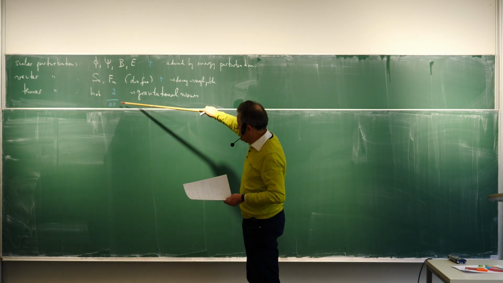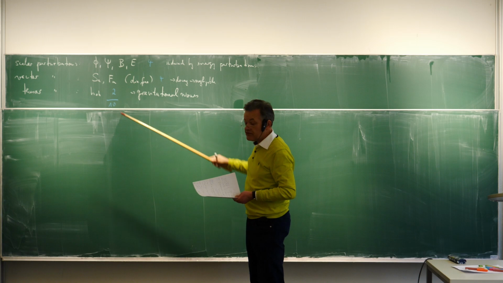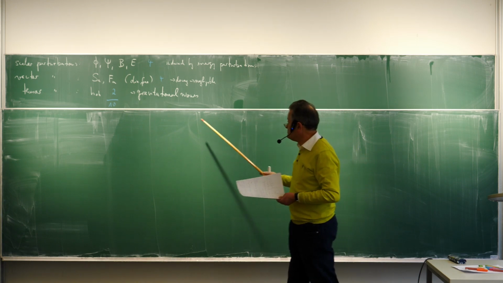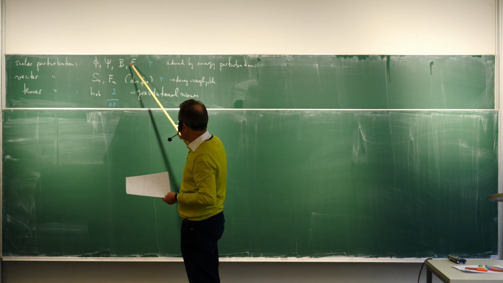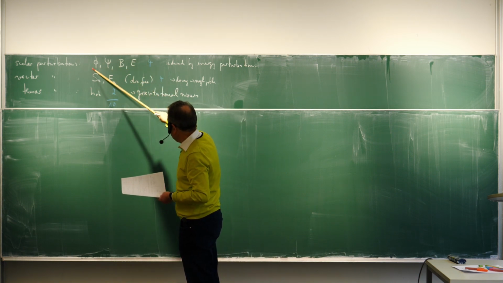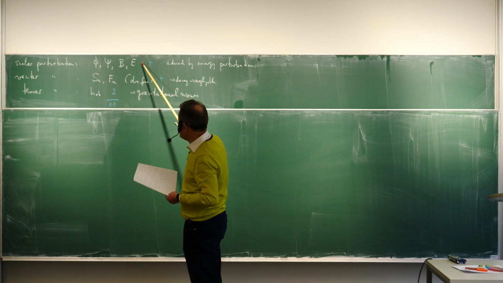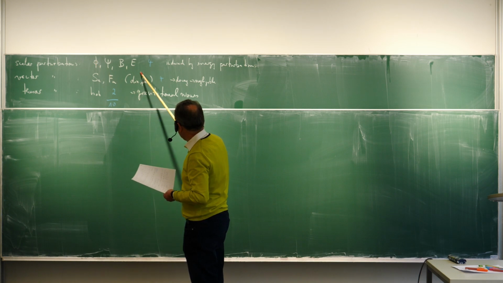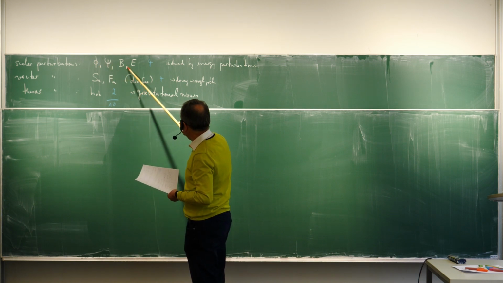So we have 10 degrees of freedom for the four-dimensional metric, the g mu nu, and for the perturbations we redefined the delta g mu nu by these transformation properties into four scalar perturbations called phi, psi, b, and e.